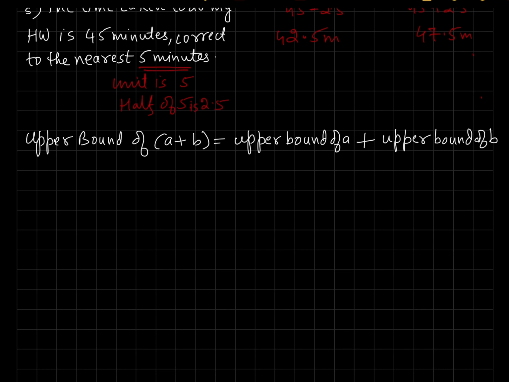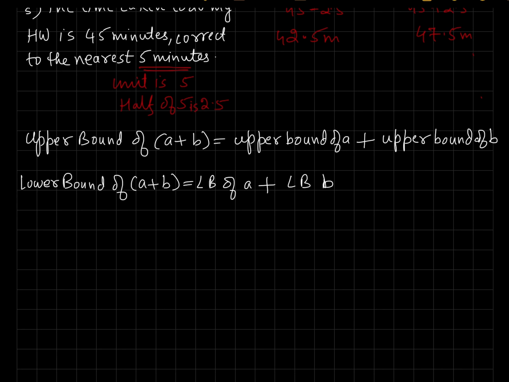We will not first find the sum of a and b and then find the upper bound of it. No, we will find the upper bound of a, the upper bound of b, and then add them together. That will give us the upper bound of the sum of a and b. And if we have to find the lower bound, we do the same thing. The lower bound of a plus b: we first calculate the lower bound of a, and then add to it the lower bound of b.